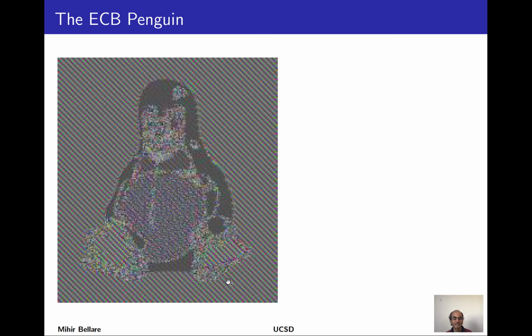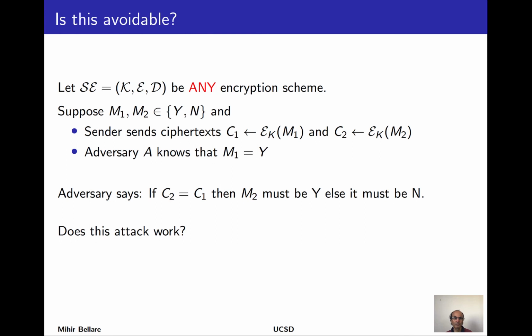And as you can see here, they took an image of a penguin and performed electronic codebook encryption. But given that the pixels in the penguin image have a lot of commonality, you see that the encryption has failed to hide the picture. So all the pixels of one type have stayed of that type. And although the colors have changed, you can recognize the penguin quite well. So ECB is not kind of what we're looking for.